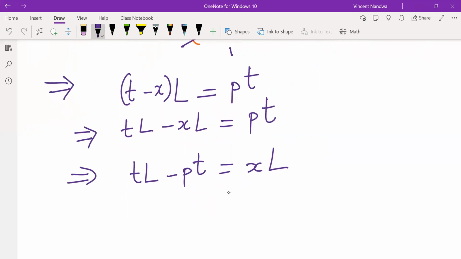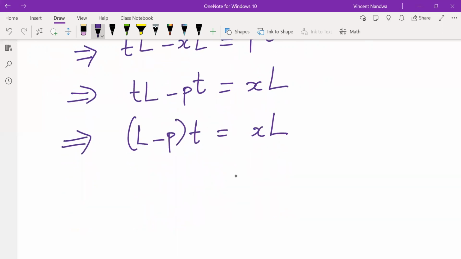So factorize t. So I'll have L minus p t equals to xL. Now to get t, simply divide through by L minus p.